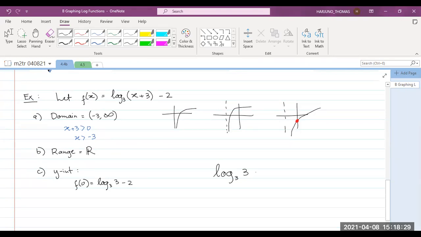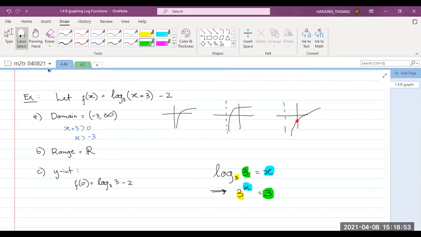But log base 3 of 3 equals what? Call that x, and then change that into exponential form. 3 to the x equals 3. Then solve for x. Remember that now?